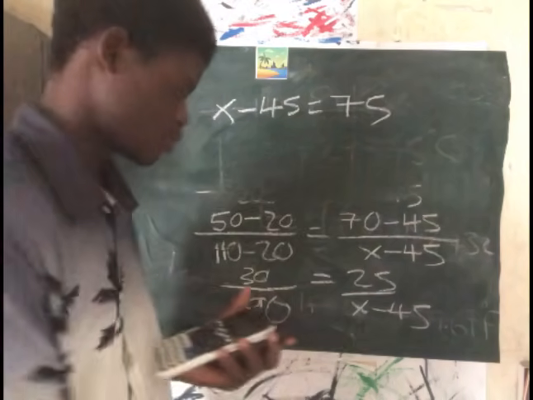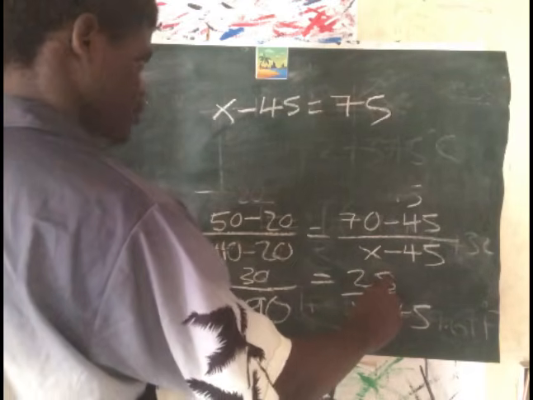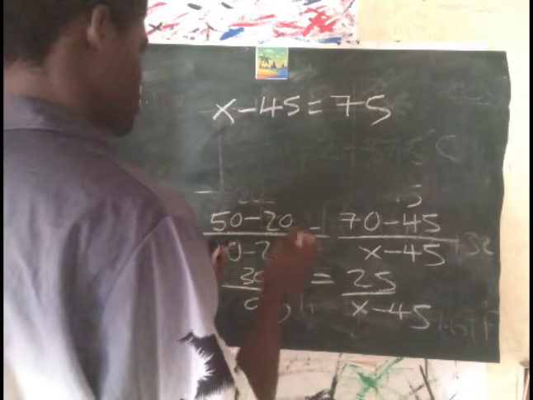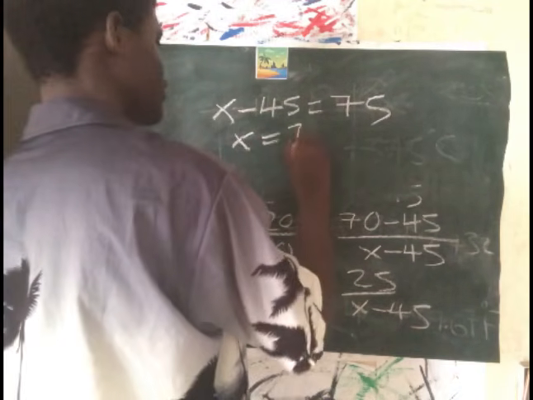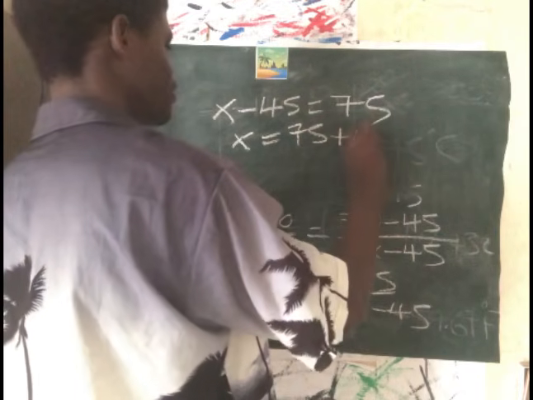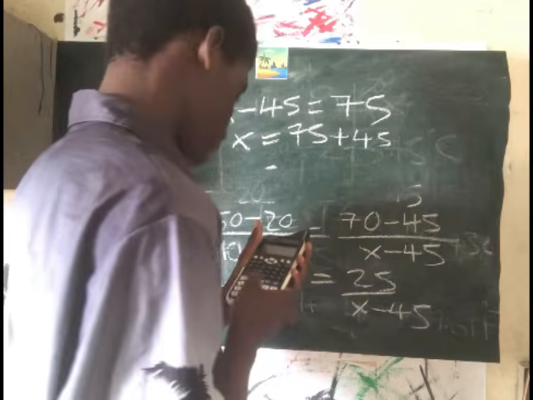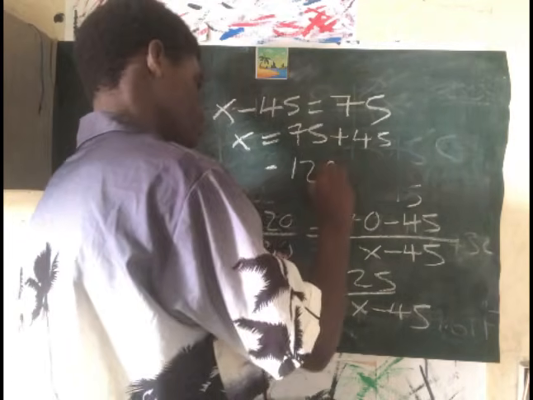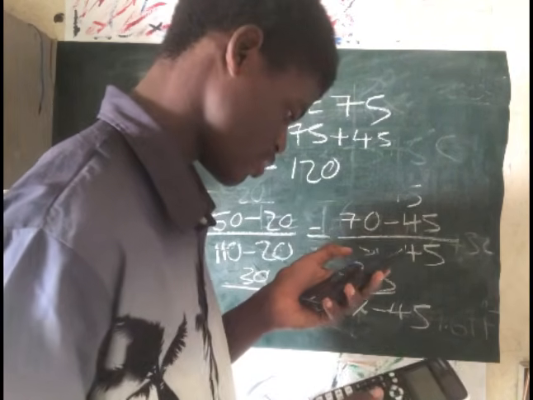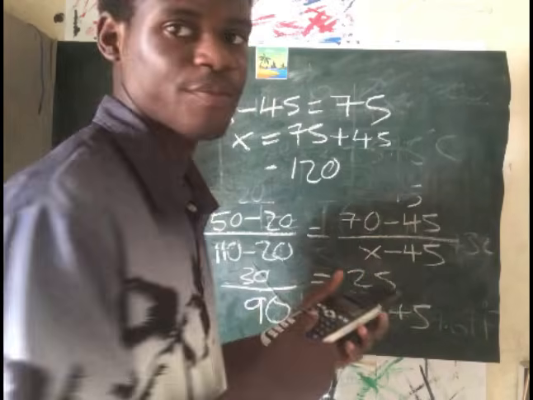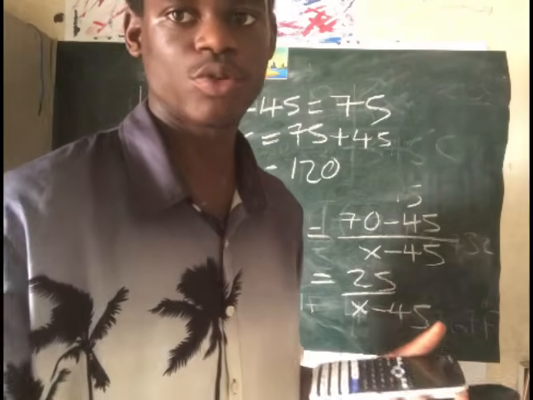So x will be 75 plus 45, and that's 120. The answer is 120. And that's option A.